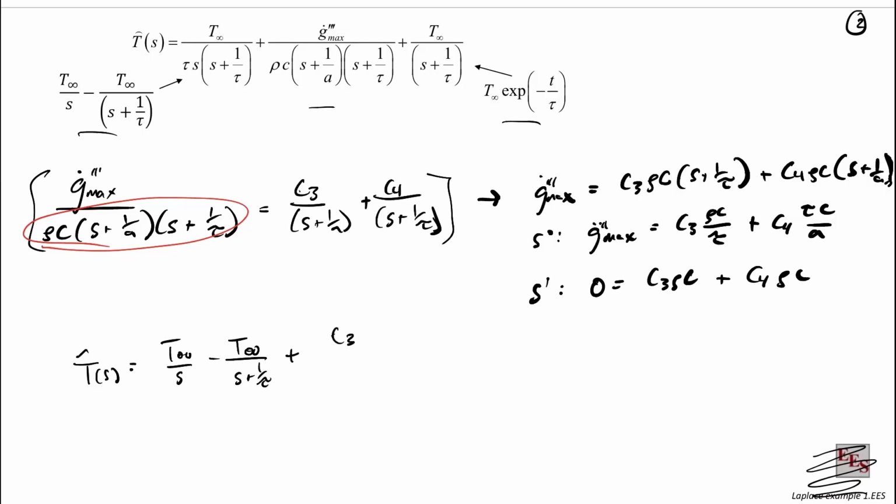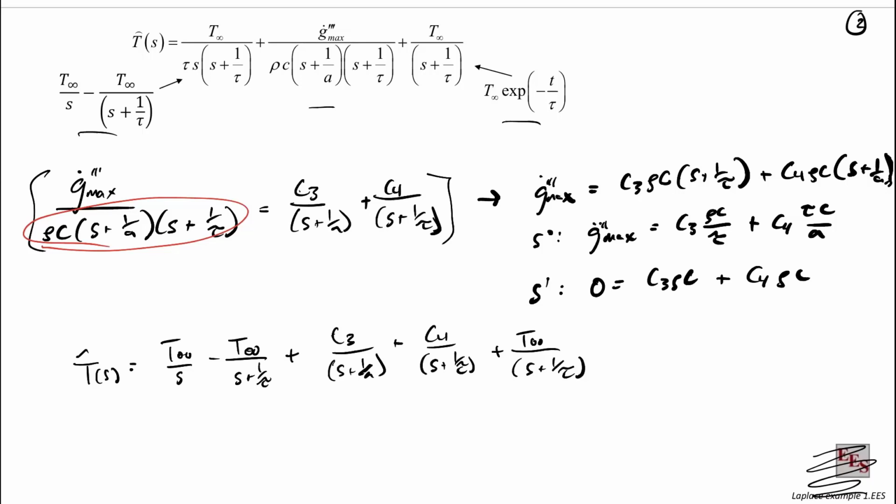We have solved for it explicitly, so we could sub in the actual constants, but I'll just keep it as C3 for now. So C3 over S plus 1 over A plus C4 over S plus 1 over tau, and then the last term was plus T infinity over S plus 1 over tau.